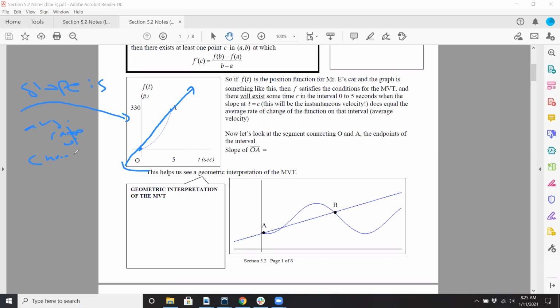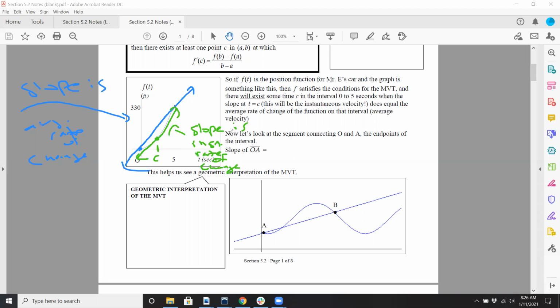Then the mean value theorem is telling us that there's some x coordinate c between 0 and 5 that will have the same slope as the secant line. So the slope is, in this case, the instantaneous rate of change.